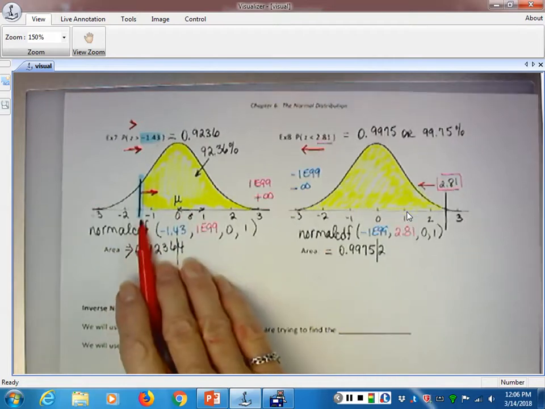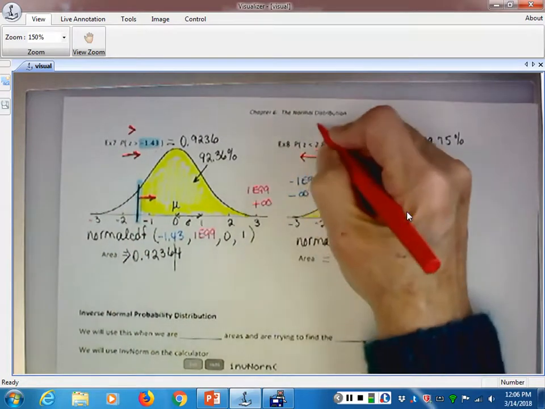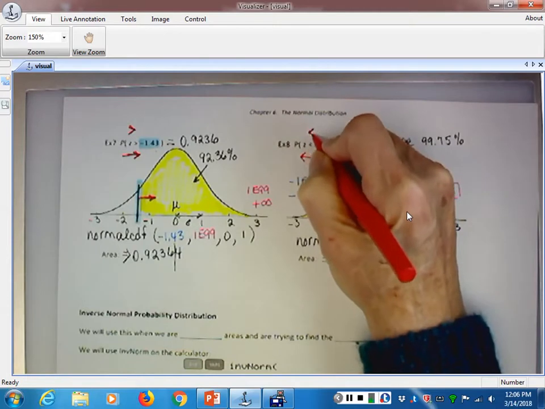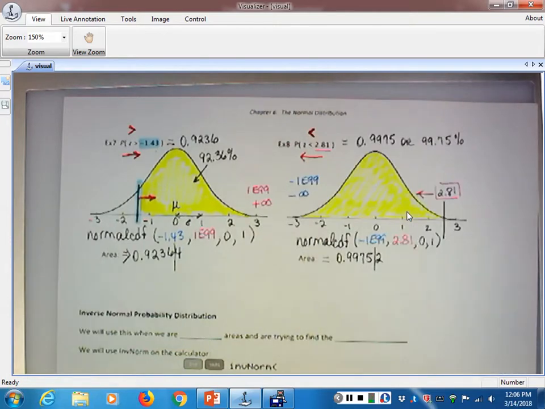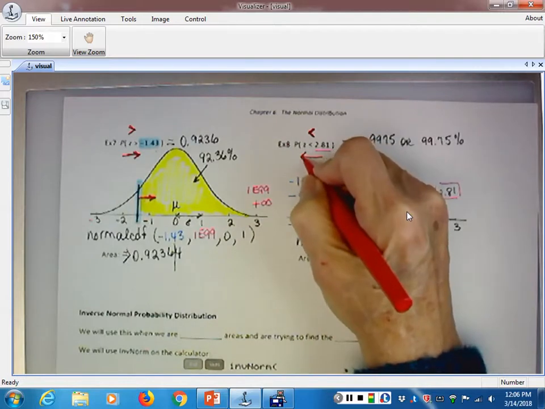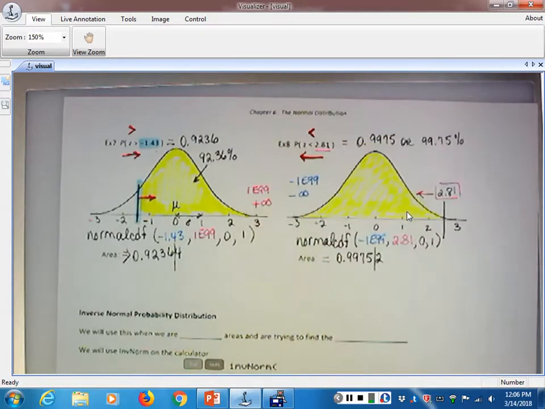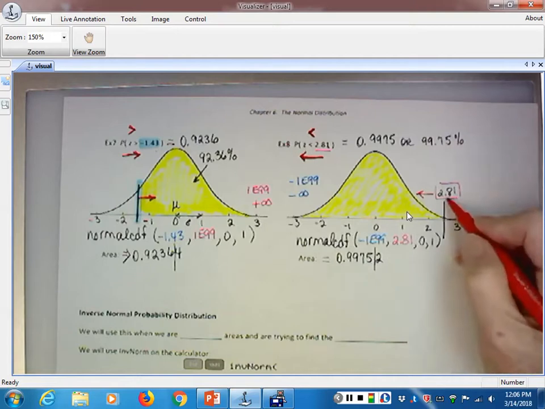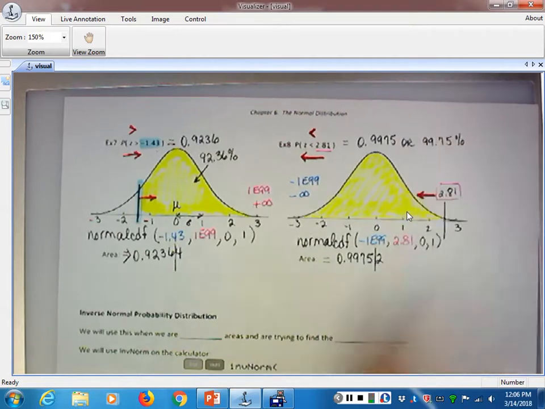At that number. Okay, in this other example, this one says less than. Less than means to the left. So our area is going to be the area to the left of that number. So we find that number when we go to the left.